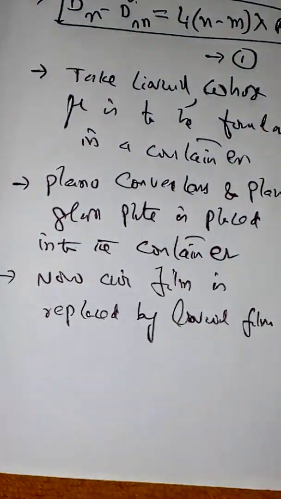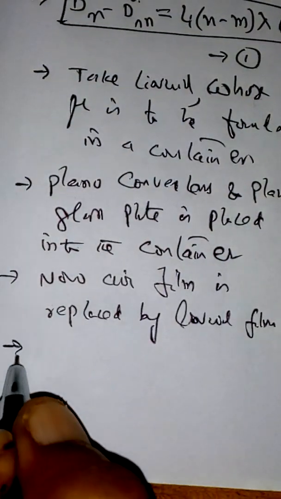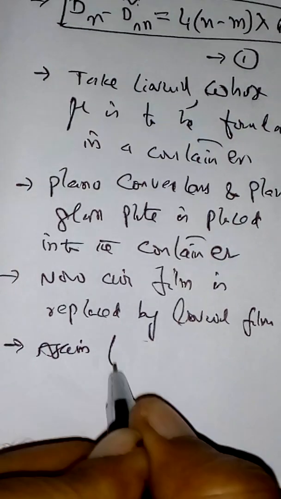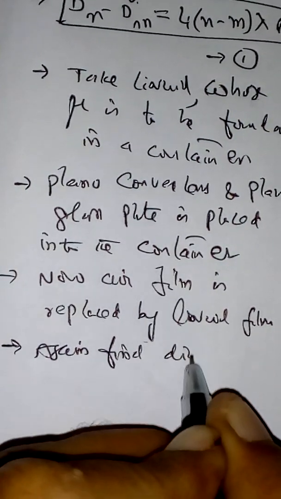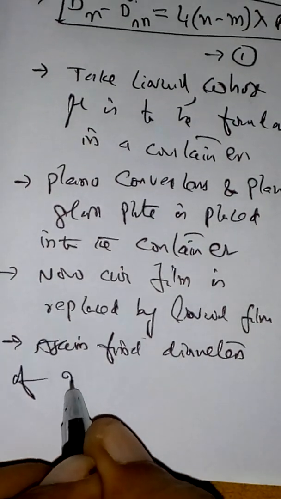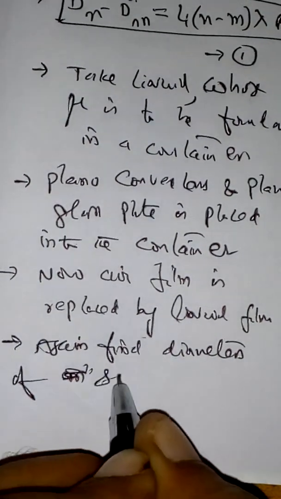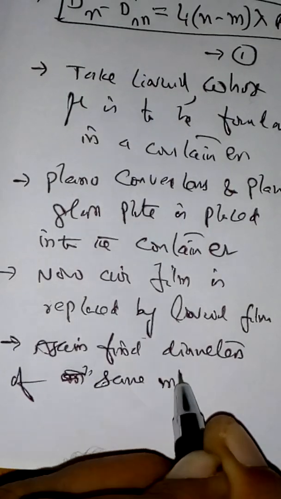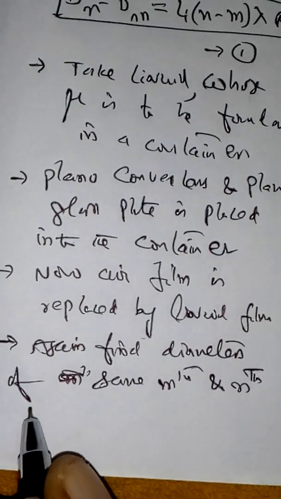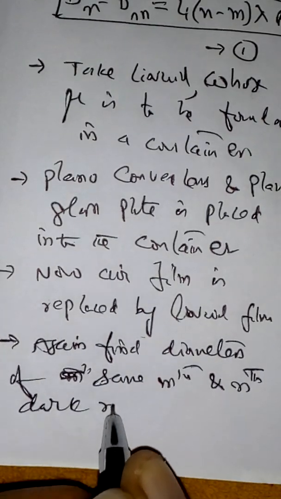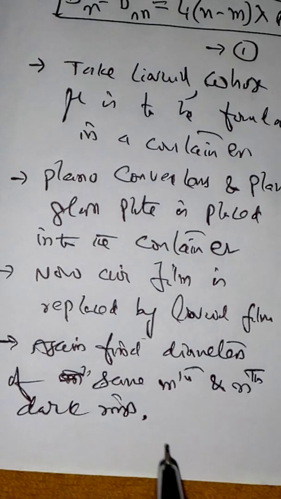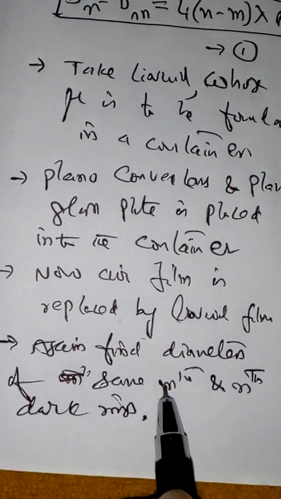So again find the diameters of the same mth and nth dark rings. This is to be kept in mind: for the same rings we have to find.